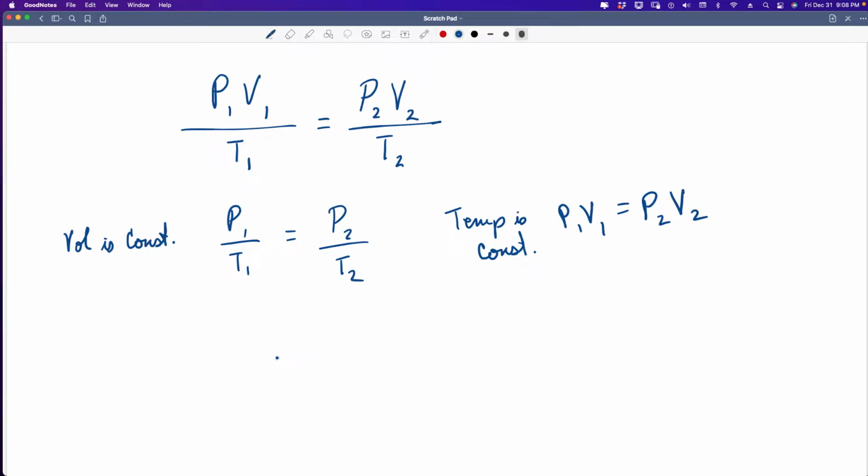And when pressure is held constant, then it looks like the original volume divided by the original temperature is equal to the final volume divided by the final temperature. So those are the gas law formulas that we use when reading a word problem.